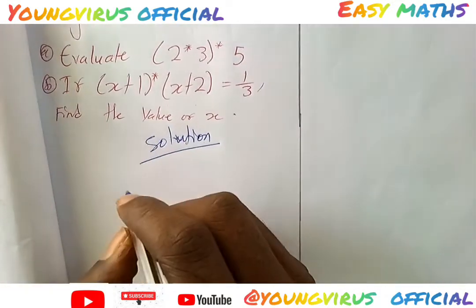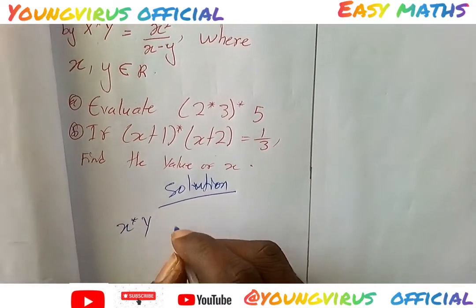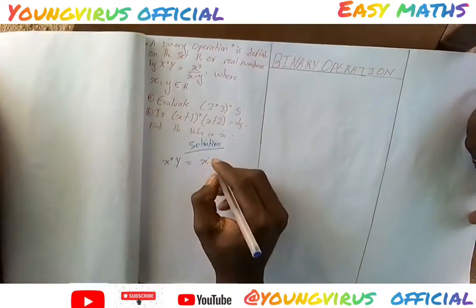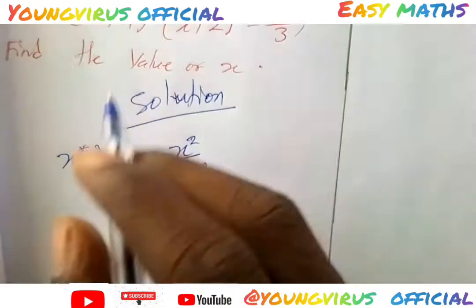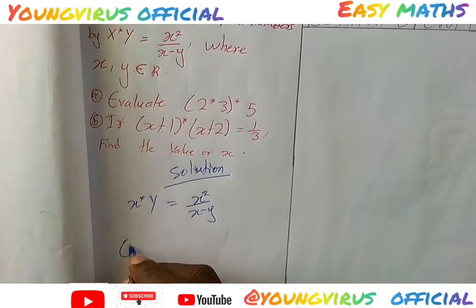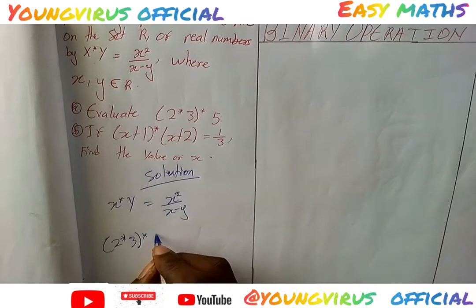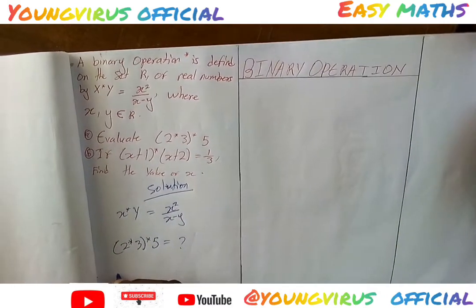We have to state our binary operation, which is x ∘ y is equal to x squared all over x minus y. Then we state our question here, which says (2 ∘ 3) ∘ 5 is equal to this. So that's what I'm solving.